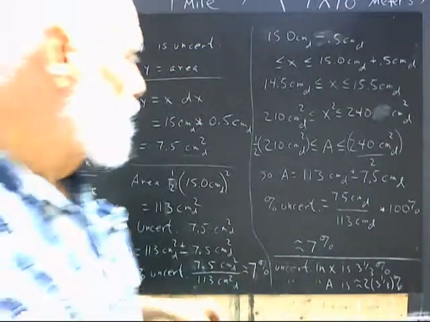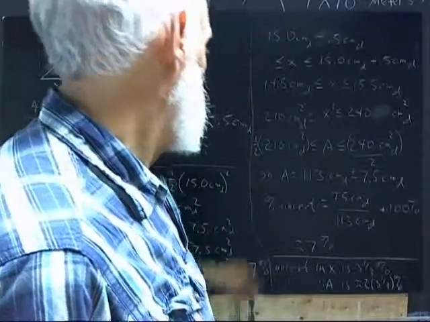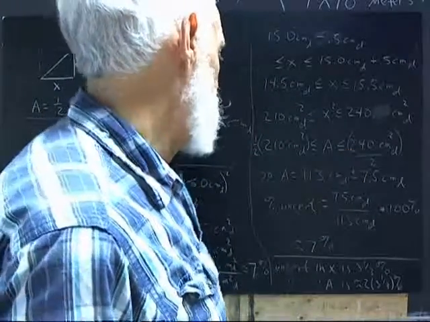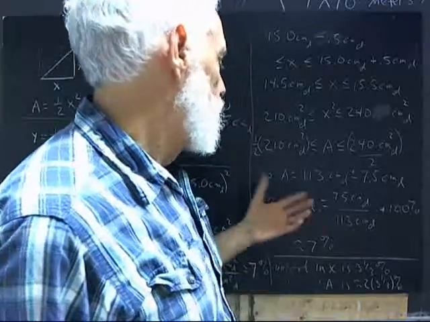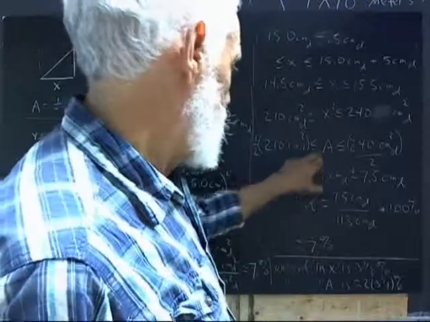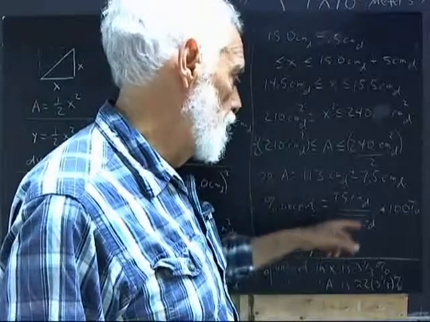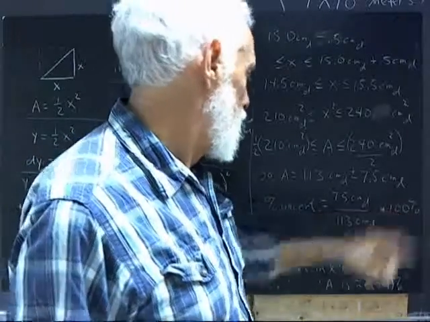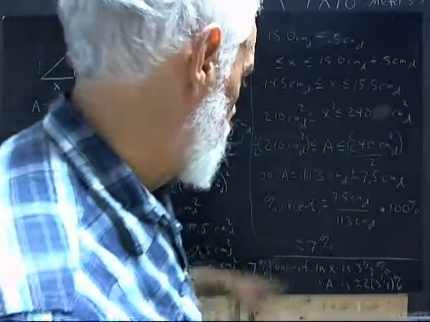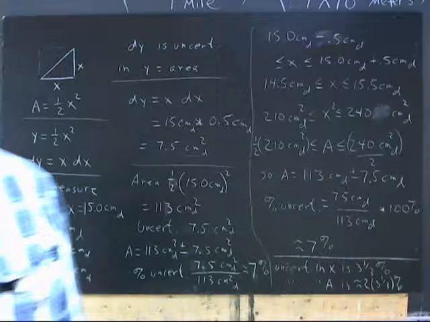Dividing by 2, you get 105, 120, and to the nearest whole number, it's 113 cm plus or minus 7.5 cm. That's a way of expressing this inequality, meaning that the percent uncertainty is 7.5 cm over 113 cm, times 100%, again approximately equal to 7%.